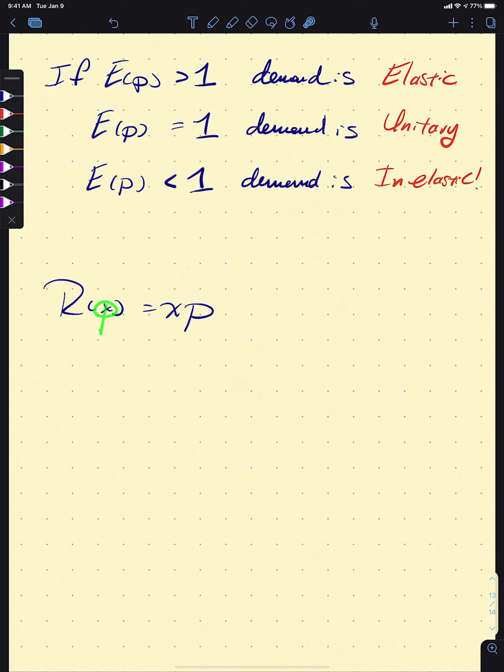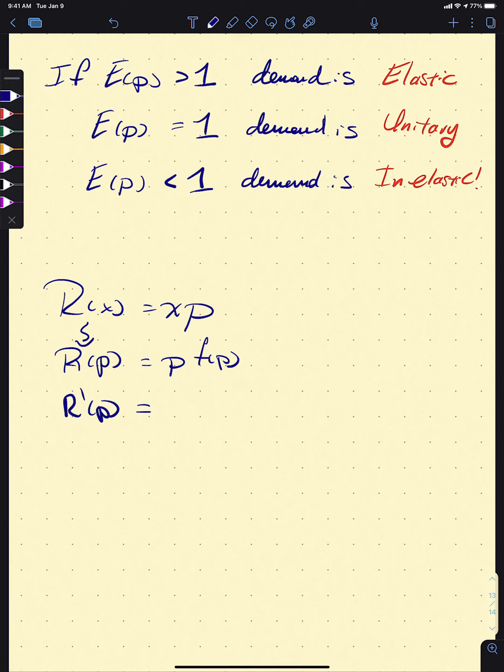That would remodel revenue as a function of P, which is fine. So we would have R of P equals P times F of P. Now, if we take the derivative, notice what happens.